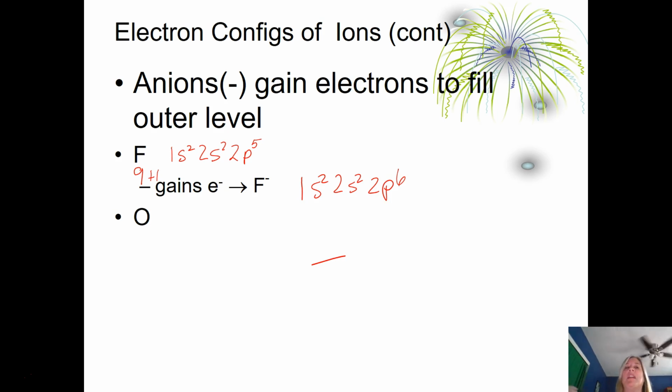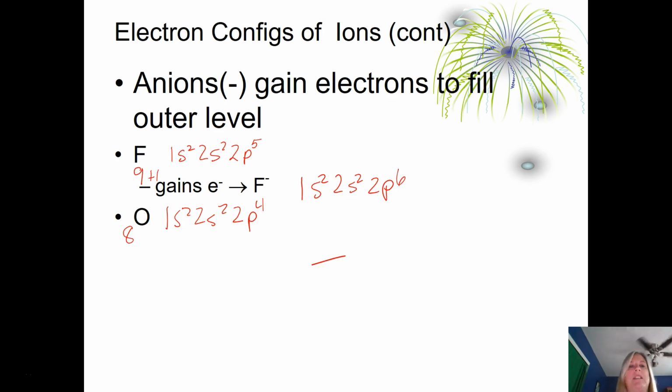So when something becomes an anion, it gains. Whatever the minus is, you're going to add that to the total number of electrons. How about oxygen? Oxygen is number 8, so its normal electron configuration would be like fluorine, 1s2, 2s2, except this would be 2p4, because 4 plus 4 is 8. So oxygen has 2 more to go in order to be 2p6.